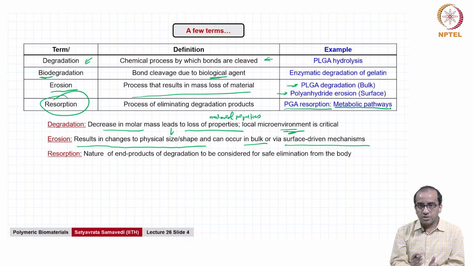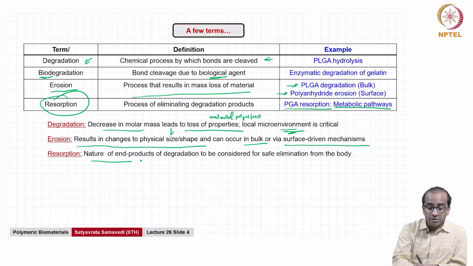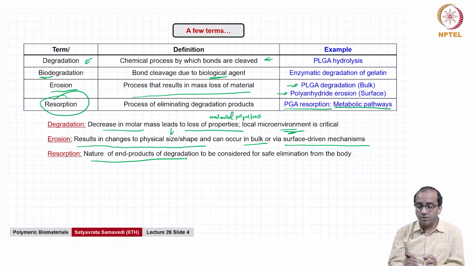And as far as resorption is concerned, one thing to keep in mind from a device perspective when using biomaterials as part of devices that can be implanted in the body is the nature of end products of degradation need to be carefully considered for safe elimination from the body. So not only are you looking at efficacy of the material in doing its performance, you are also looking at safety.